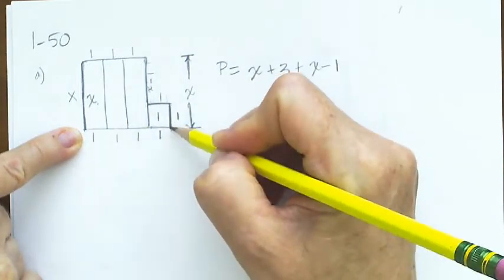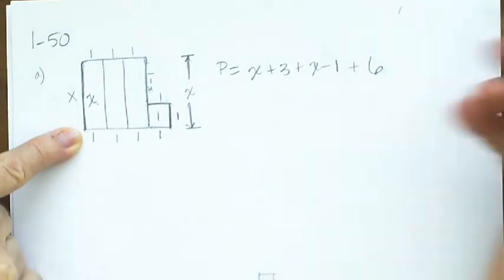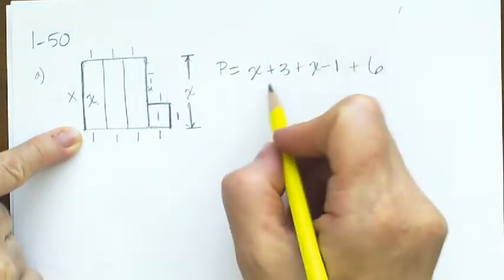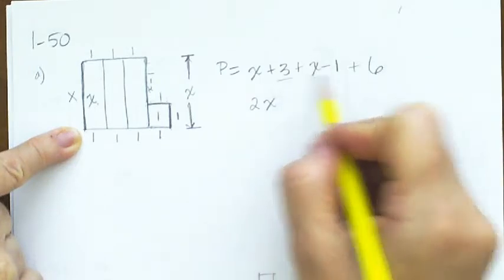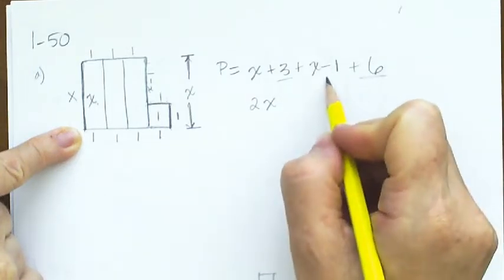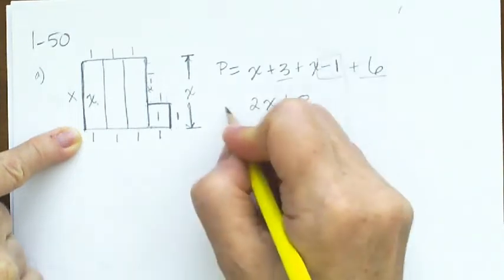So that's plus 3 plus 3, so that would be plus 6. Combine like terms, that's going to give us 2x. Let's see, we've got a positive 3, a positive 6, that's positive 9, and a negative 1, so that would be plus 8.